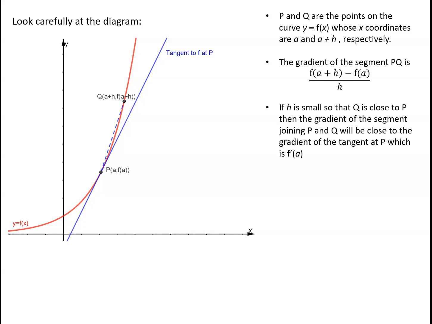If h is small, so that the point Q is close to the point P, then the gradient of our segment PQ will be very, very close to the gradient of the tangent at P. And the gradient of the tangent is denoted by f dash a. So we can say that if h is small, then f dash a is very close to the value of f of a plus h minus f of a divided by h.